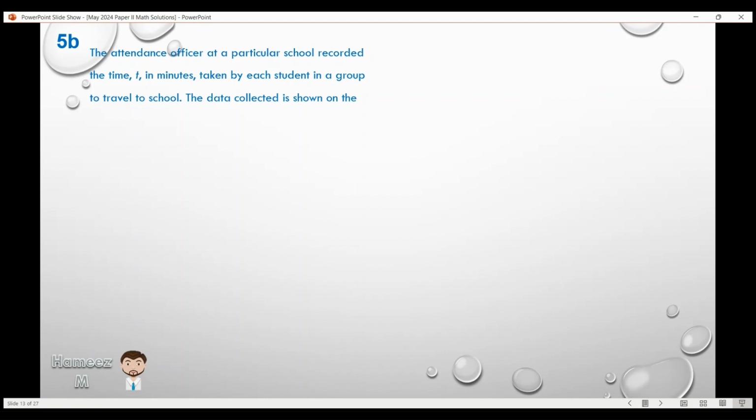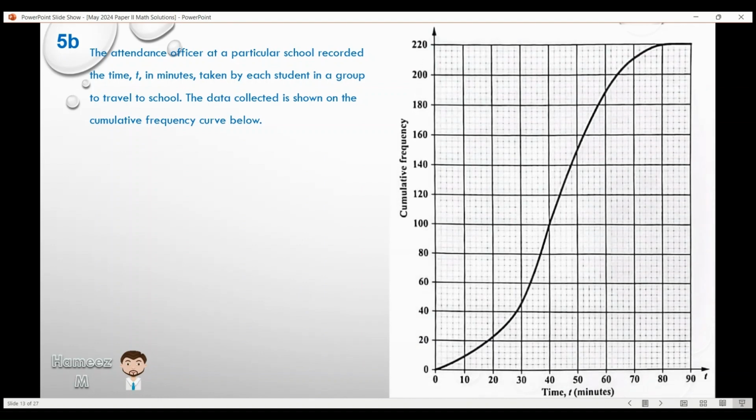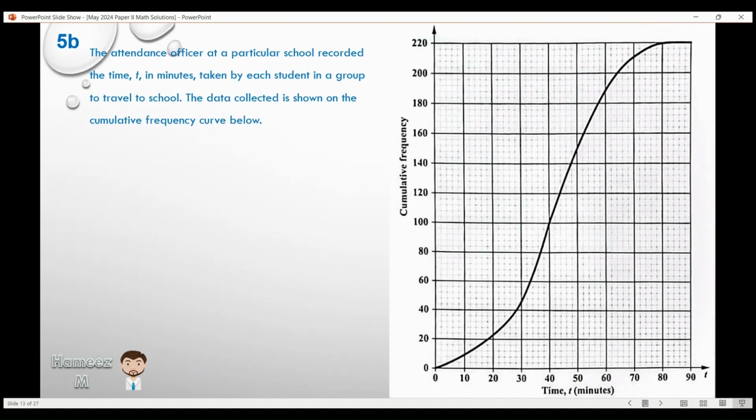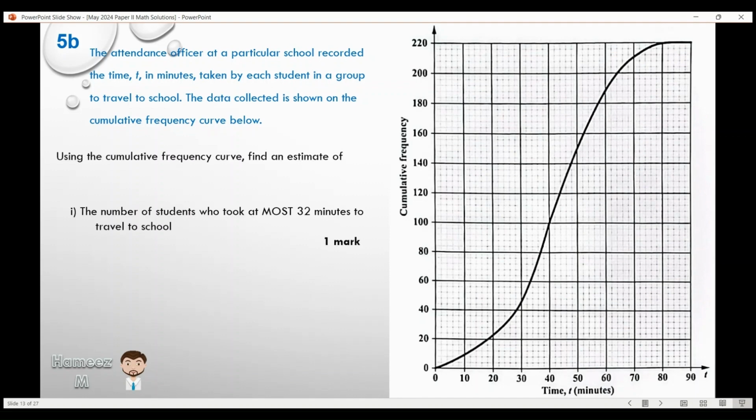The data collected is shown on the cumulative frequency curve. So we can see that the curve, the ogive or cumulative frequency curve, has the normal traditional shape. Using the cumulative frequency curve, find an estimate of part 1, the number of students who took at most 32 minutes to travel to school.